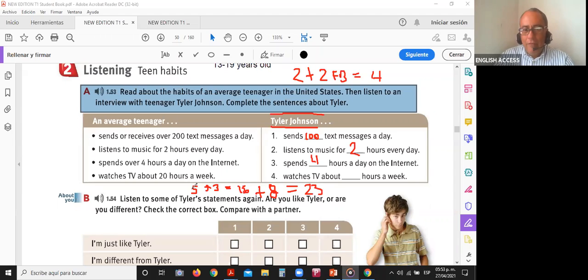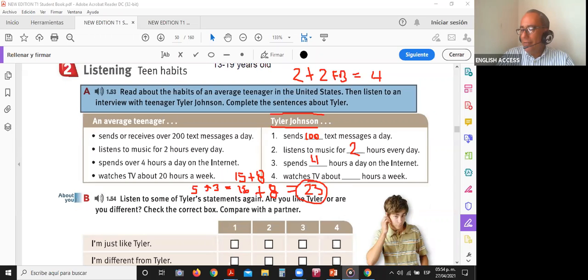It says 5 days a week, 3 hours a day. 5 times 3, 15. Plus 8 hours on the weekend, 23.